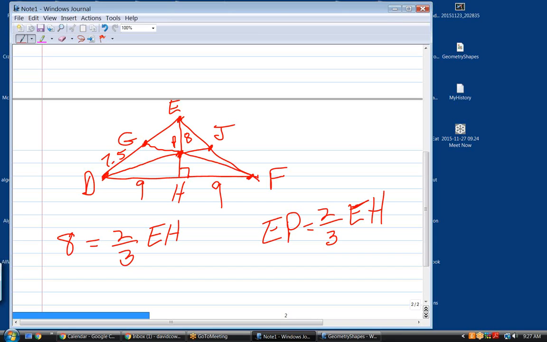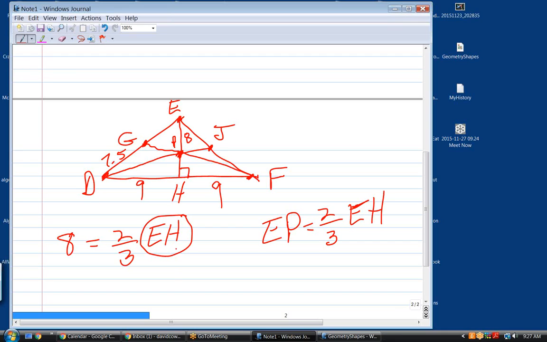Whenever you're solving an equation, your goal is always to isolate the variable. We want EH on one side. You're always doing the opposite.